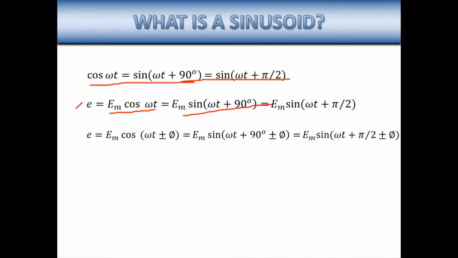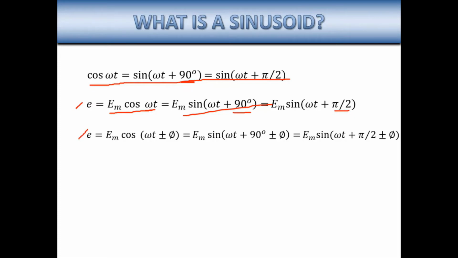So here we have an expression where, if it is expressed as a cosine function, the phase angle is 0, but once we express it as a sine function, there appears a phase angle of 90 degrees or pi over 2 radians.